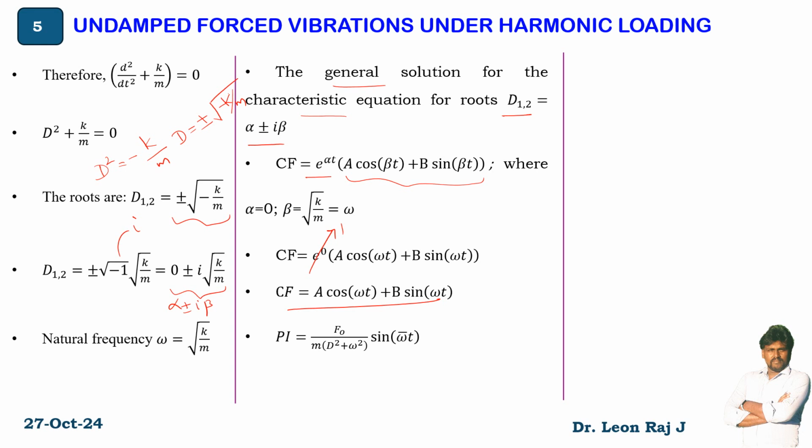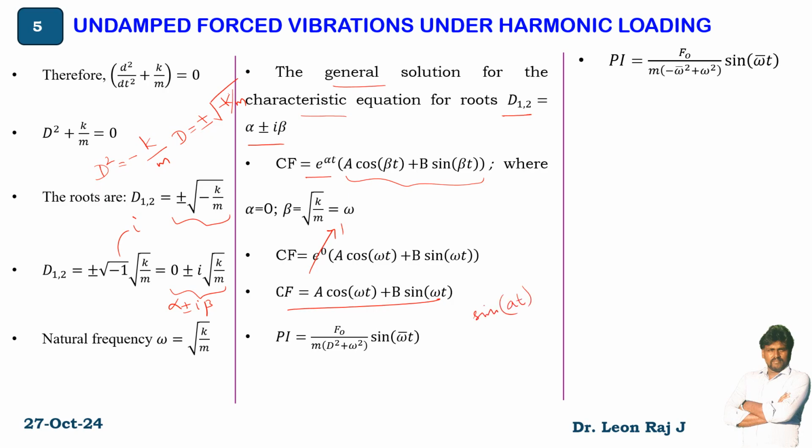So your particular integral is just taking the whole terms on the right hand side: f0 by m into d square plus omega square, into sin omega bar t. Our mathematics is saying that if you have a function of sin omega bar t, so it looks like sin a t.